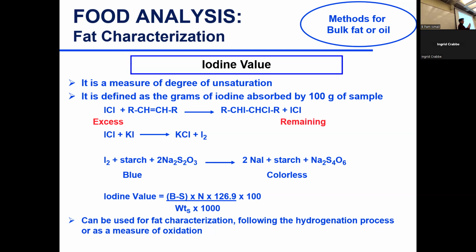You're used to having the blank being 0 or close to 0, and subtract the blank from the sample, but here you have to remember, no double bonds, all of the ICl will be present. You will generate the maximum amount of iodine, then you will have the darkest color, needing more volume of sodium thiosulfate to get colorless.